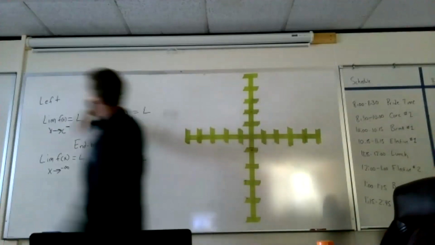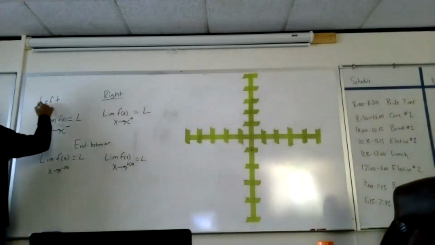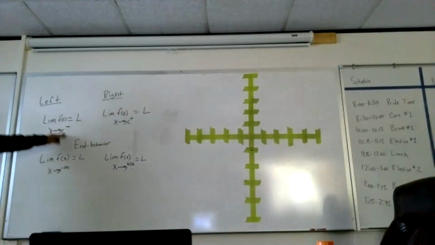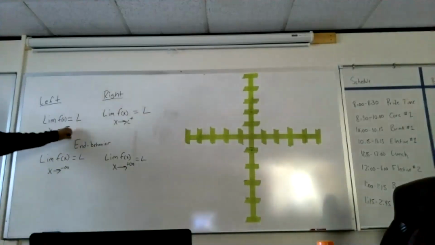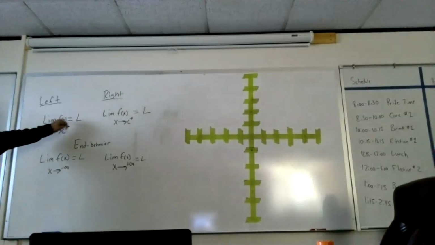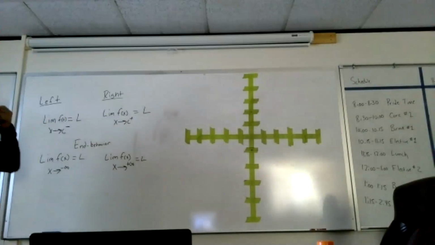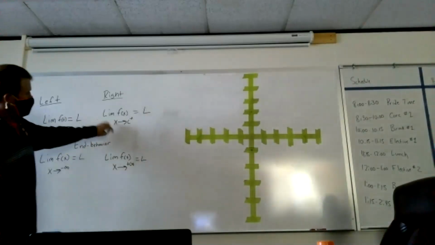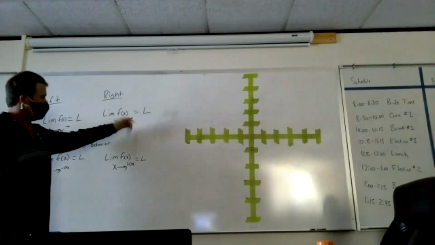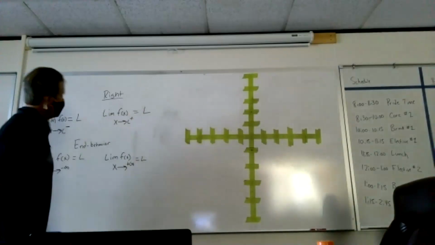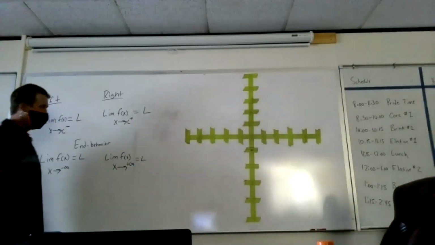As we're approaching a specific point from the left to the right, this C would be the x value that we are approaching. Okay, the negative means that we're approaching it from the left side, and L is what the value would be of f of x if we could plug C in. From the right side, x approaches C. The plus means that we're approaching coming this way. So from positive x values, once again, C is just a domain value.